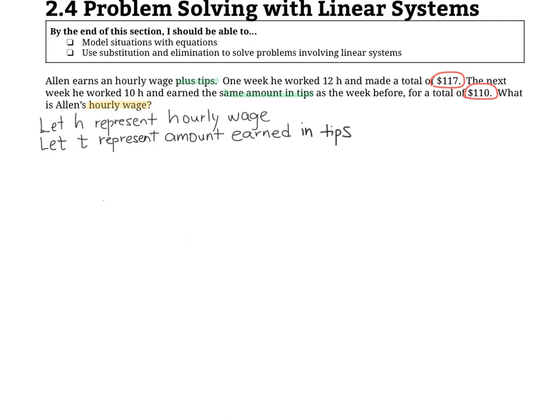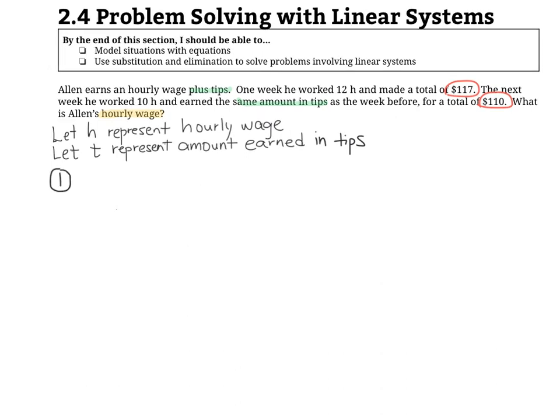Now that we've identified what variables we're going to use, we can start to build our two equations. My first equation is going to represent the first week. In the first week, it tells us that Alan worked 12 hours and he made a total of $117. It doesn't explicitly say that he earned tips, but it does tell us in the very first sentence that he normally does earn an hourly wage plus tips.